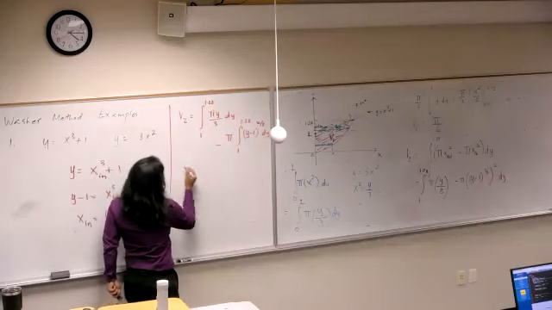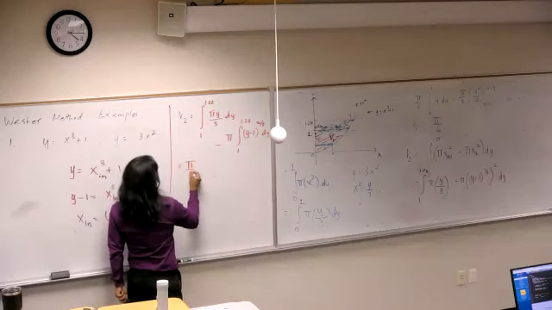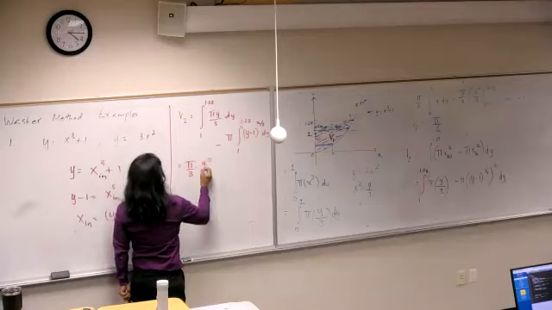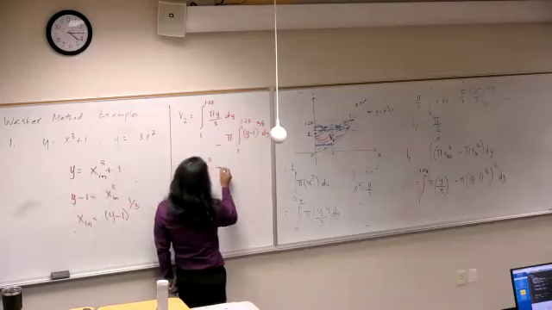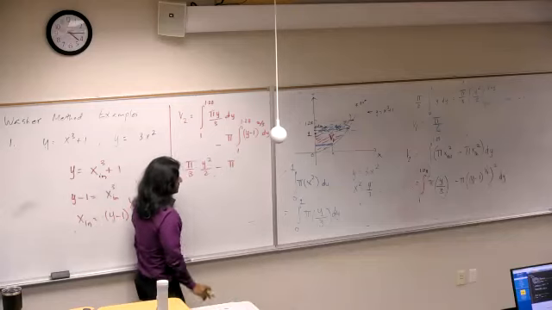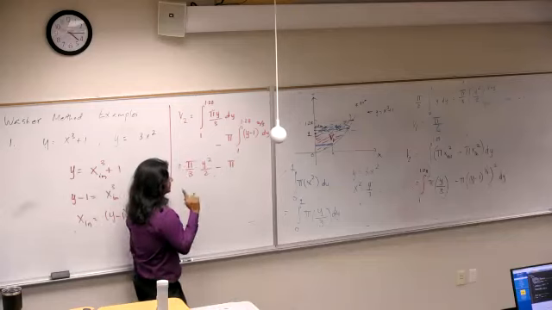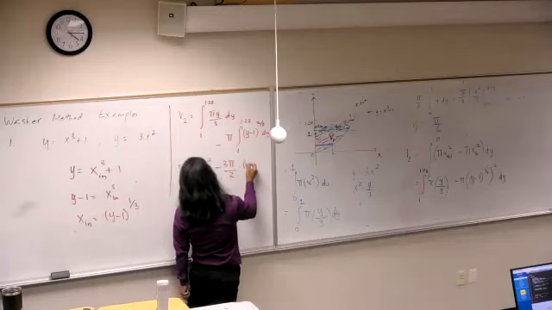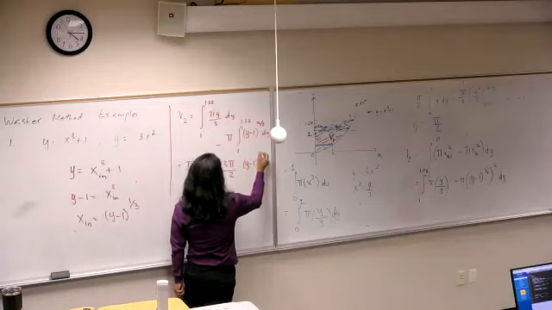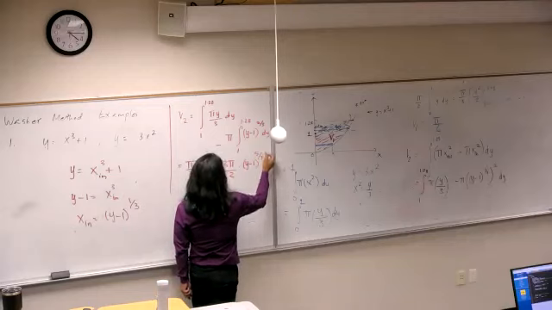Integral of the first term, pi/3 is a constant. You have y squared over 2. Pi is a constant. If you integrate the second term, you have 3pi/5 times y minus 1 raised to 5/3.